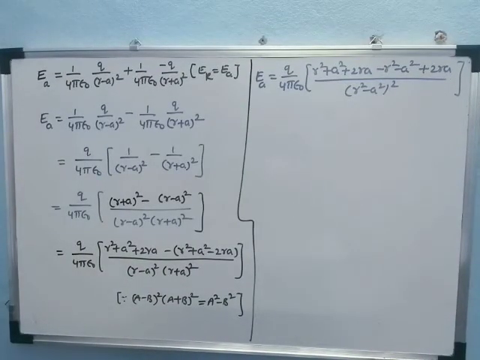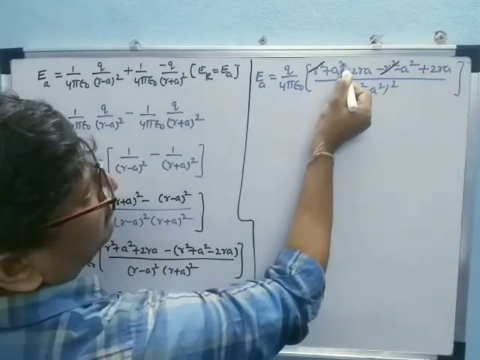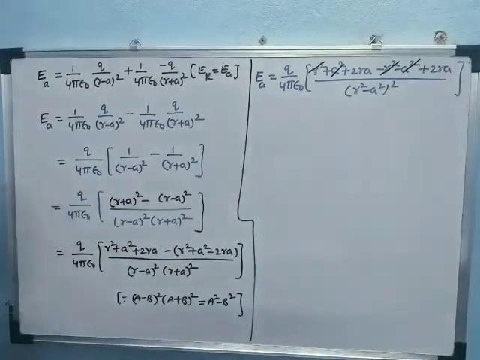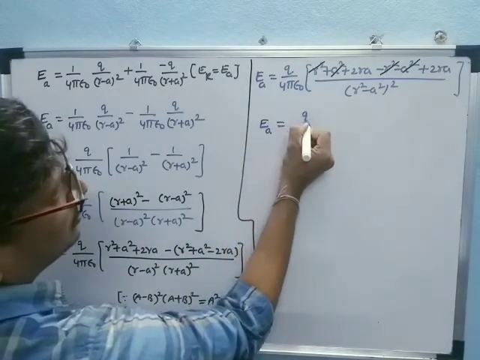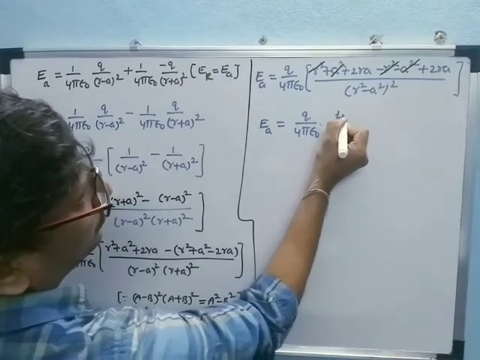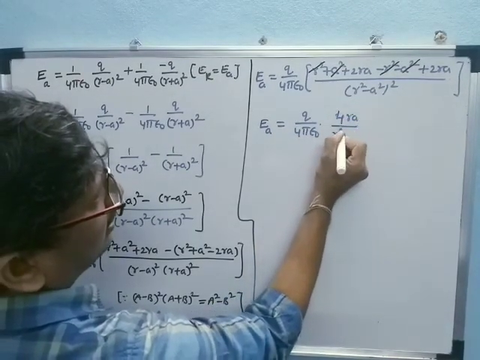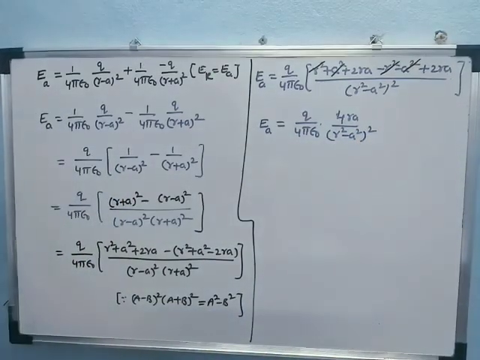Now here the R square minus R square and A square minus A square get cancelled. 2RA plus 2RA is equal to 4RA. This is right, E_A is equal to Q by 4 pi epsilon naught into 4RA by (R square minus A square) whole square.